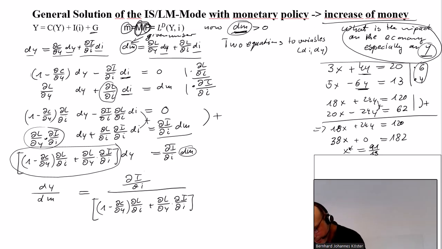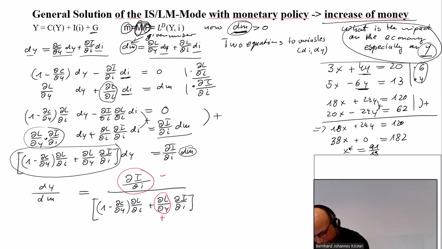So, first one, positive or negative? It is negative. We know that this is a negative number. So, this one, money demand on income, positive or negative?